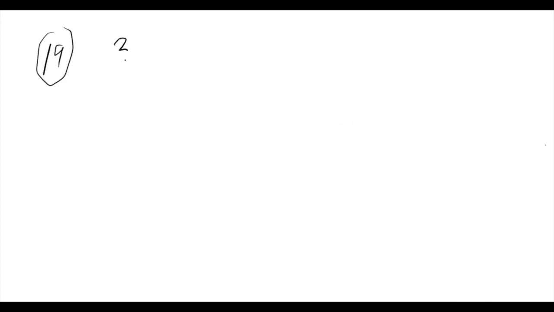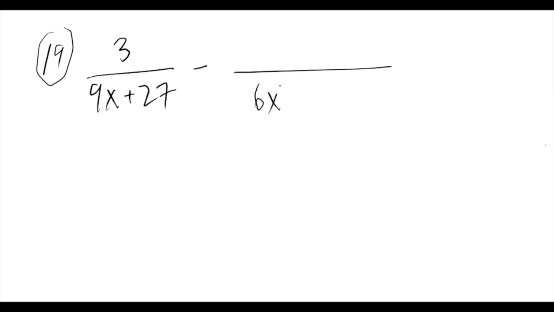We have 3 over 9x plus 27 minus 6x squared plus 15x minus 9x. Okay. So, factor natin. Ito ang factors natin here would be 9 and x plus 3. Okay, how about dito? Lahat sila is divisible by 3. So, ilabas natin yung 3.